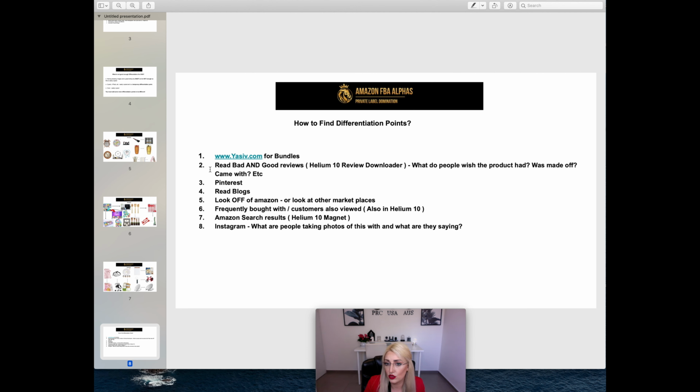The second way is also to read bad and good reviews on Amazon. People always say just read the bad reviews. You should also be reading the good reviews. Sometimes, if I sell this water bottle, there's plenty of good reviews, and you can find that reviewers are repeatedly using the same type of language, meaning I bought this for my daughter for a specific sport.